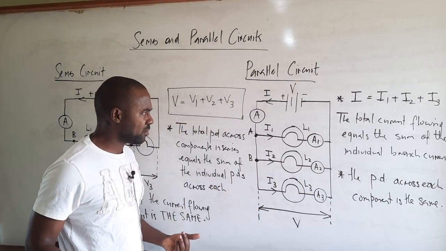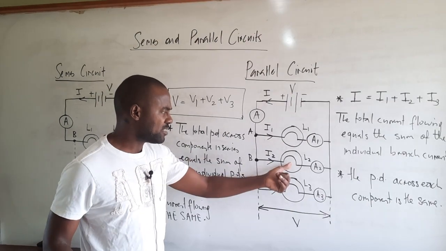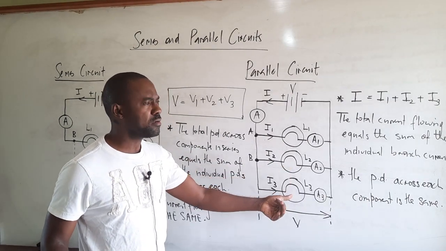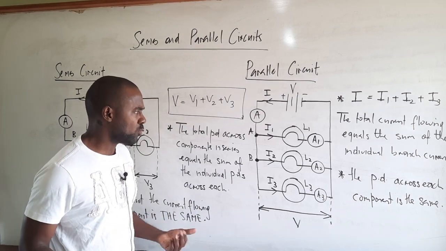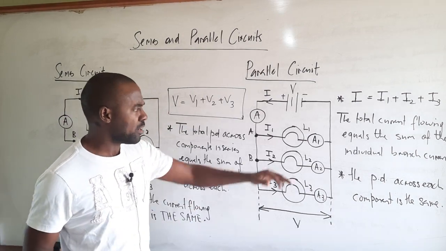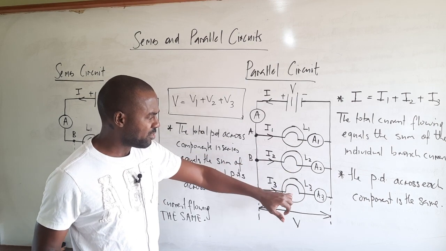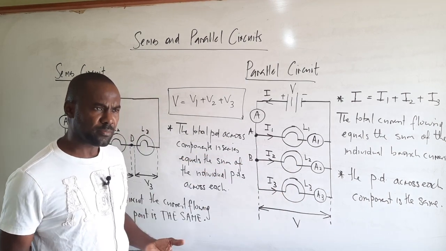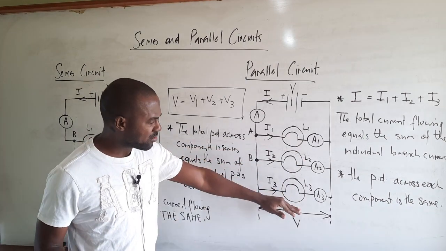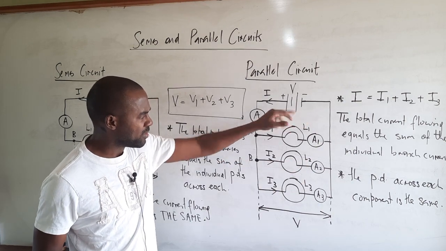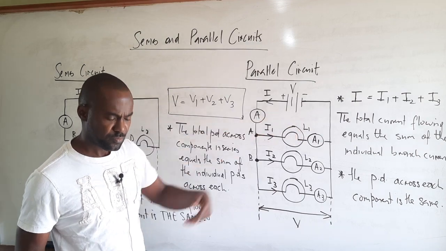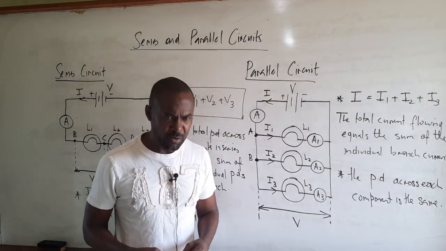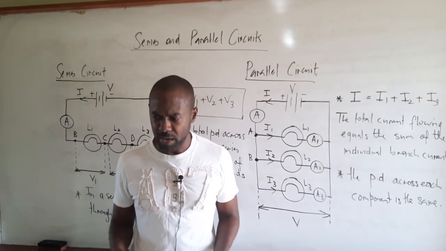And this applies whether it is a lamp, a resistor, or some other electrical device which uses up electrical energy, right? So if we were to take a voltmeter connected across L1, L2, then L3, we would get the same reading. And because each of these components is connected across the battery, that reading would be equal to the battery voltage. So this summarizes our look at series and parallel circuits.